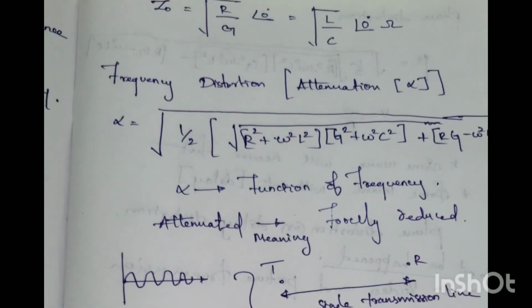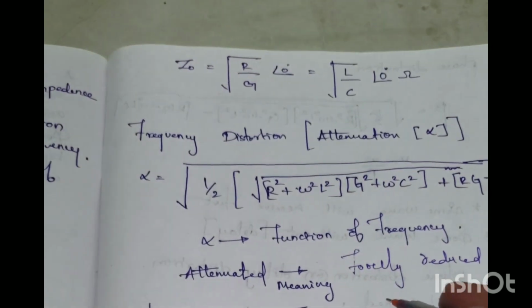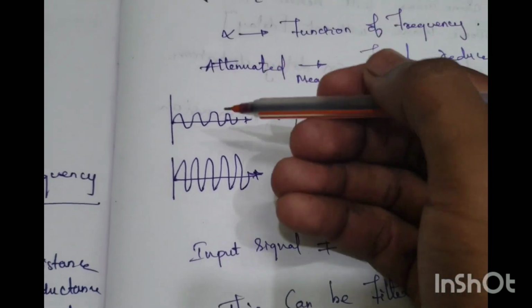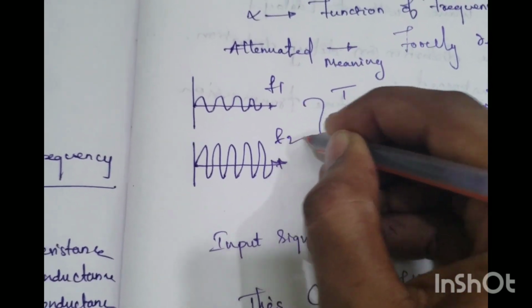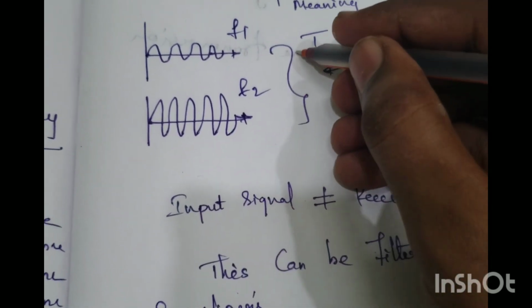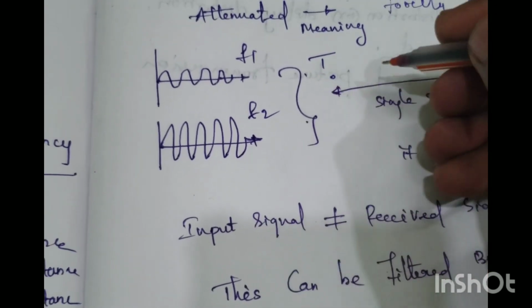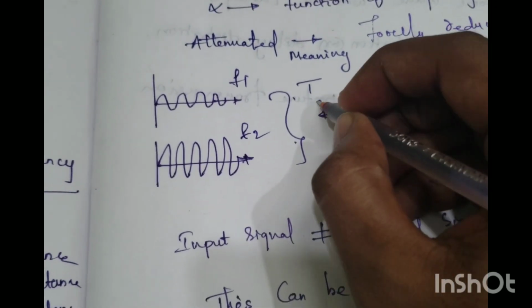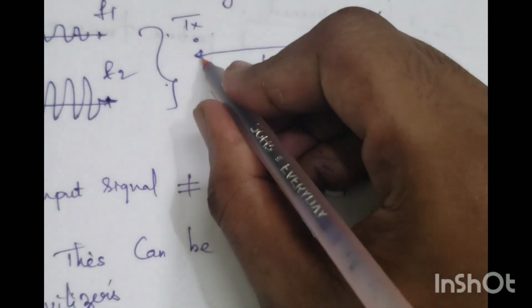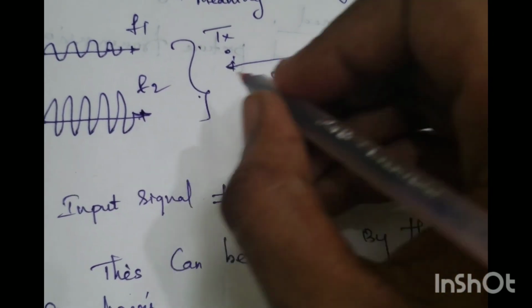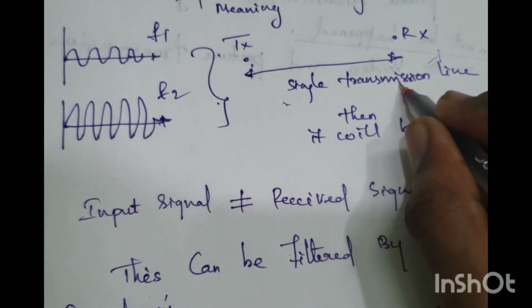We can have a small demonstration of alpha. This is frequency 1 and this is frequency 2. The frequencies f1 and f2 are merged into a transmitter Tx, and this is Rx, Tx to Rx, over a single transmission line.